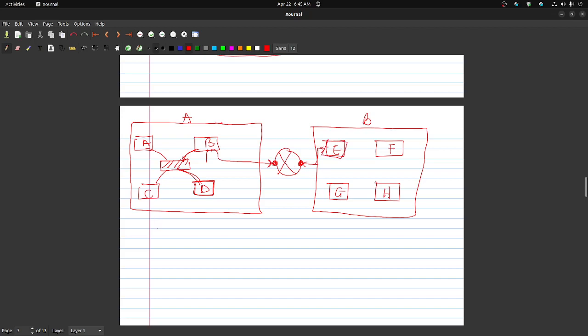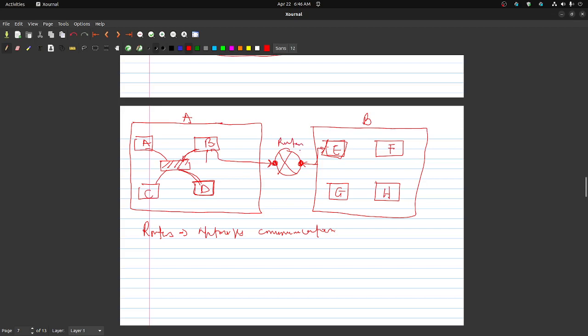So the key takeaway here is that routers allow networks to communicate. When a computer wants to send a packet of data from one network to another network, routers are used.